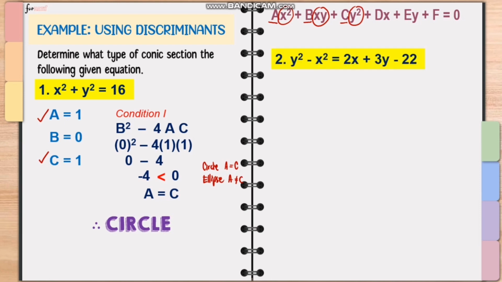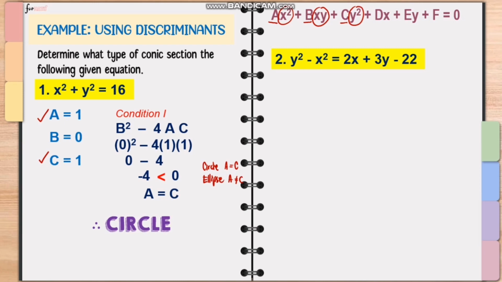So next example, y squared minus x squared equals to 2x plus 3y minus 22. So in this case, check natin yung mga terms natin kung yung x squared, y squared, and xy natin ay nasa right side of the equation. Kung nasa right side, ililipat mo siya sa left.